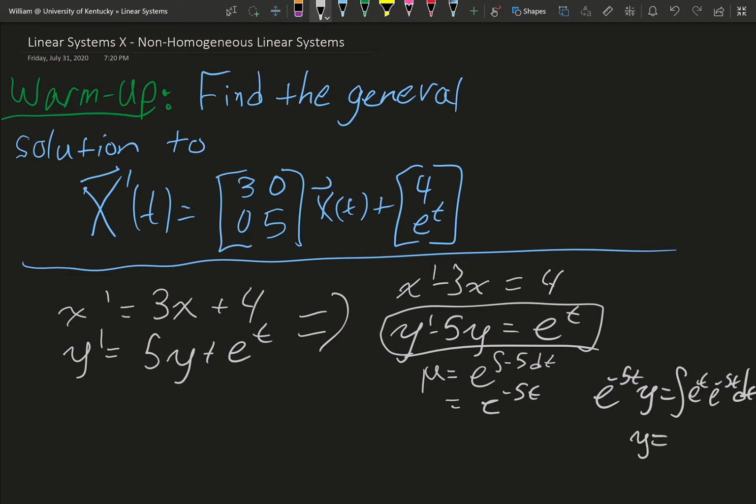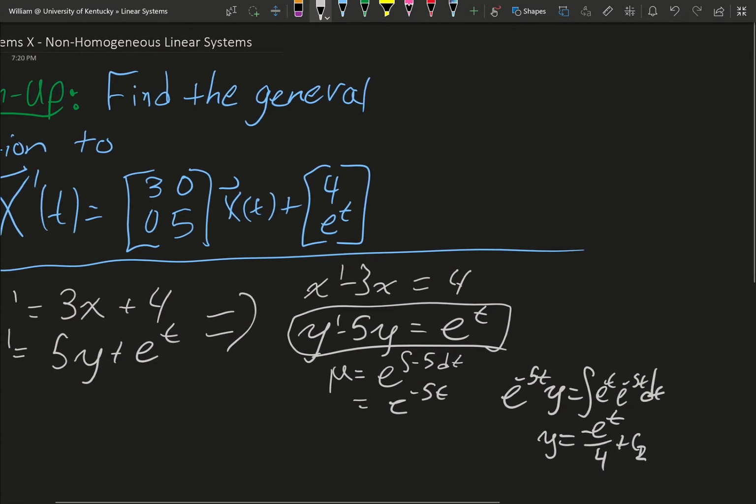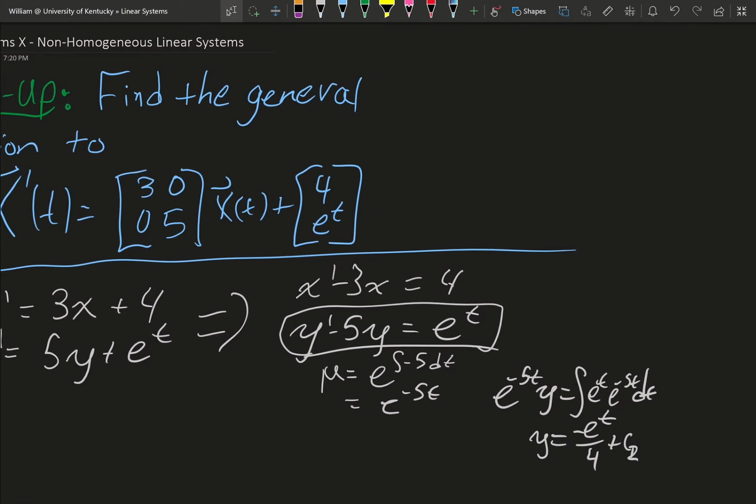And we end up with y equals negative e to the t over 4, plus some constant, I'll call it C2, just to not confuse myself later, times e to the 5t.